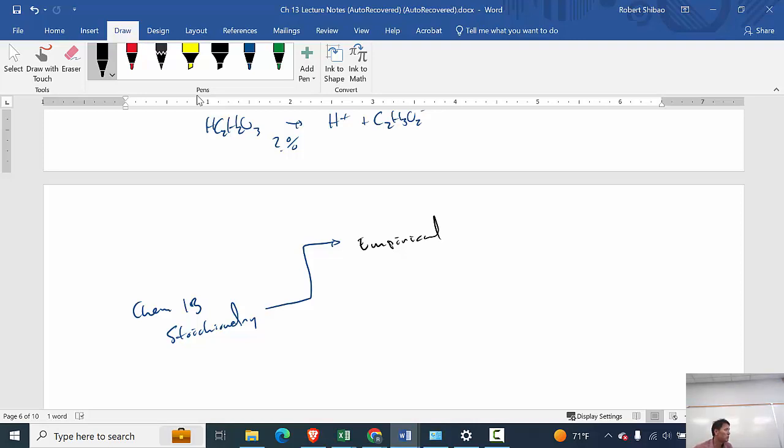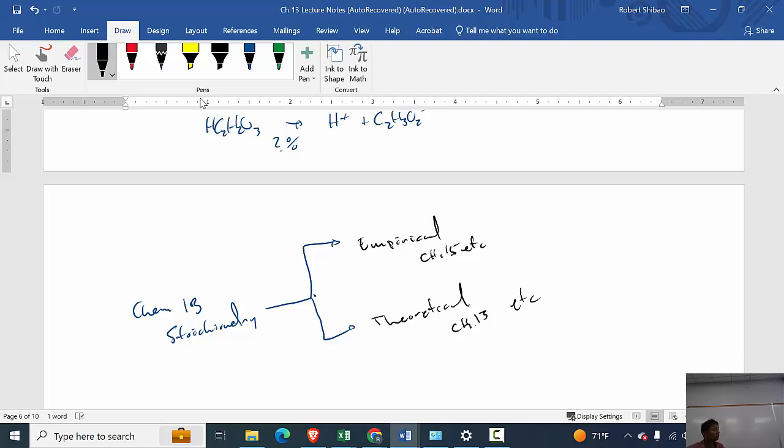And this empirical approach is primarily in like chapter 15, etc. Or the other way we can do Chem 1B stoichiometry is through more of a theoretical approach, which would be chapter 13, etc. I mean, there's some overlap. And so we can take a more empirical approach or a more theoretical approach.